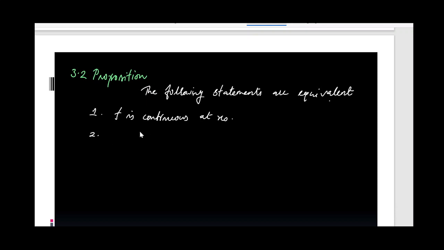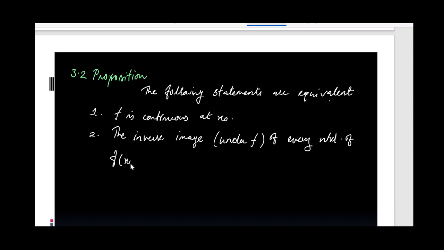Second one, the inverse image under f of every neighborhood of f of x naught in Y is a neighborhood of x naught in X.